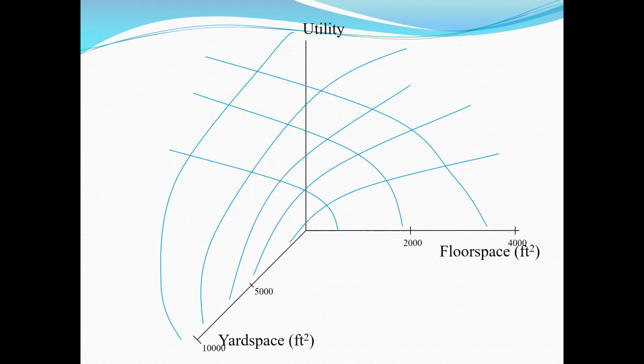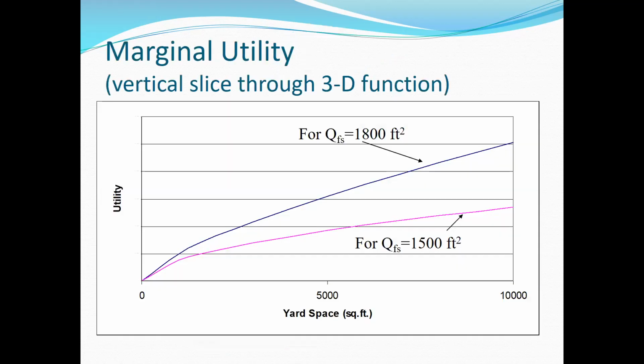Either you're holding yard space constant or floor space constant. You're trying to only vary one of those variables, floor space or yard space, and then you're looking at how your utility changes along the axis. So any vertical slice that you cut, you hold one of those variables constant, and then you can see how the utility shifts with regard to the other variable.